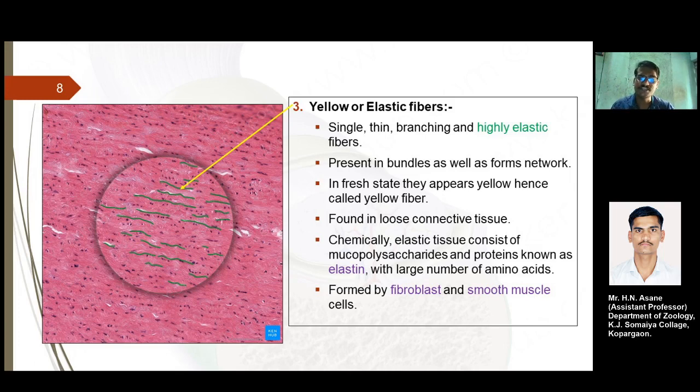Their particular position is fixed, and these elastic fibers are stretchable, and give elasticity or flexibility to the tissue, and are located in the smooth muscles. These are one example of elastic fibers, and there are many other examples.